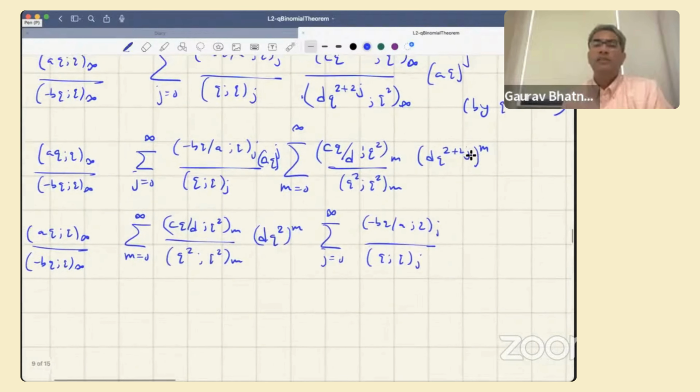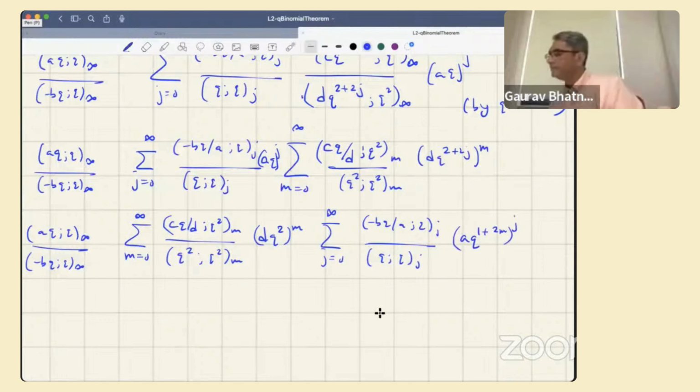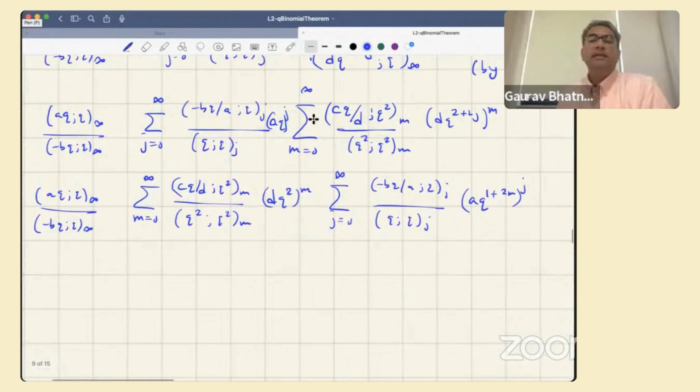And now this j has to be there. So it's a q 1 plus 2j, 1 plus 2m raised to j. Right. So a q to the j, a to the j, q to the j plus 2mj. And this d q square m comes here. So this chap, again, we use q binomial.